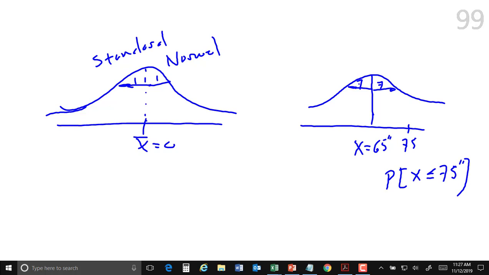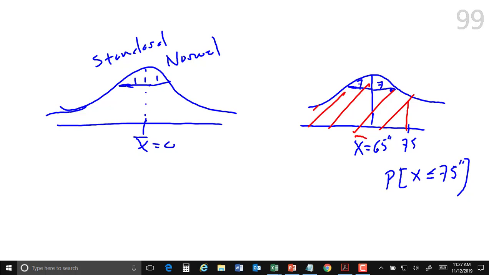Do you understand what I'm asking? I want to know the probability that the area under the curve is going to be from where to where? All the way back, right?